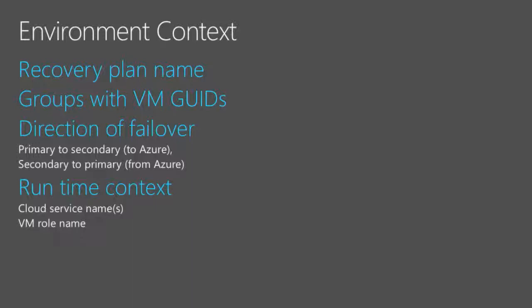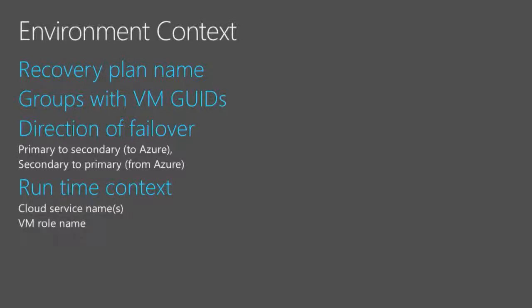When you execute a recovery plan, we figure out the cloud services that are required and create them. So we give you the context of all the cloud services that are being created, as well as the VM role name, the VM itself, and the name of the VM that's going to come up.